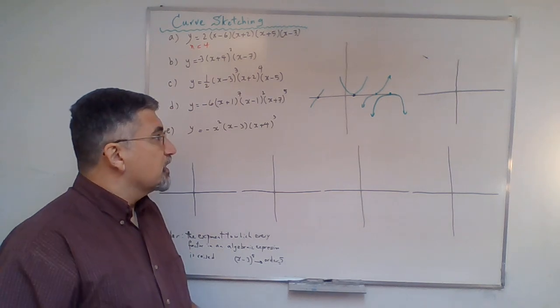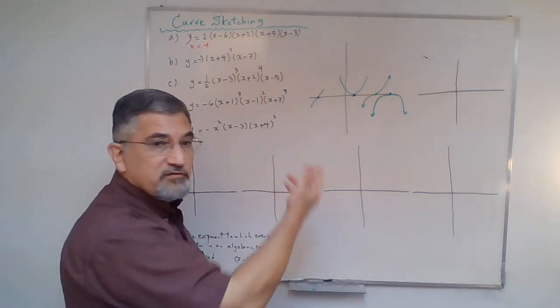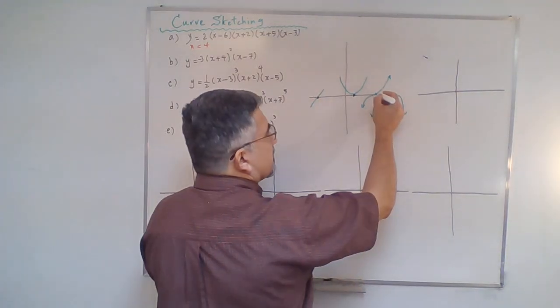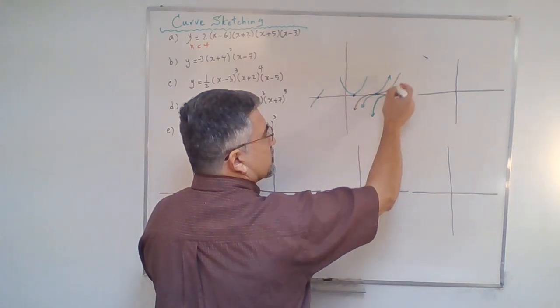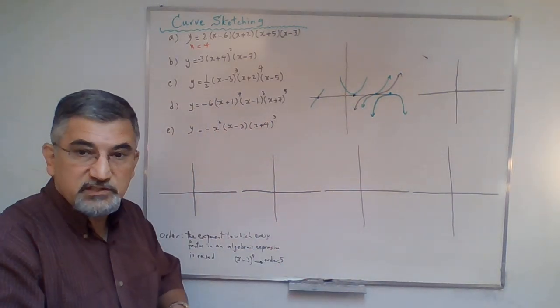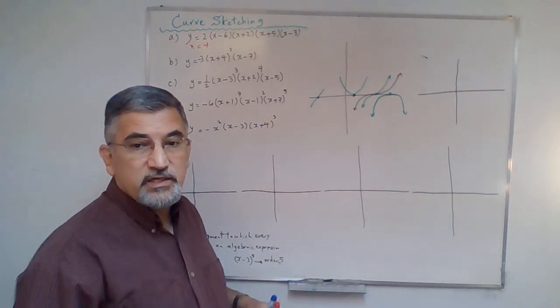And if the exponent is a high odd number, we're going to have an inflection point, but a flatter inflection point, something like this, perhaps. Same nature, but a bit flat at the x-intercept point. So this is the general idea.